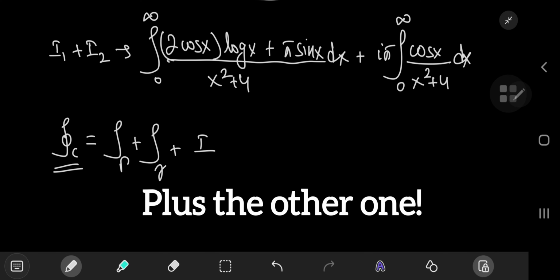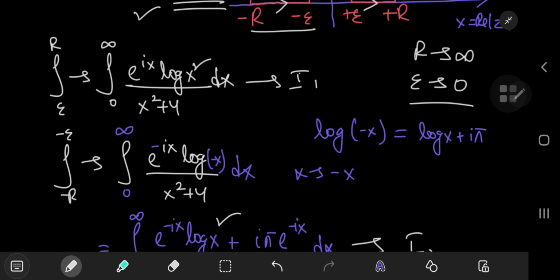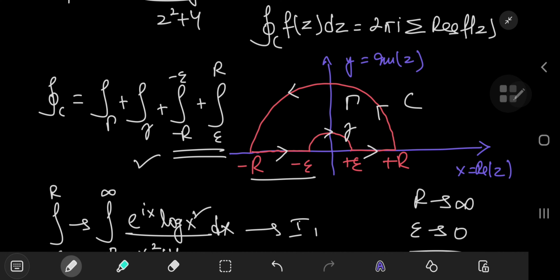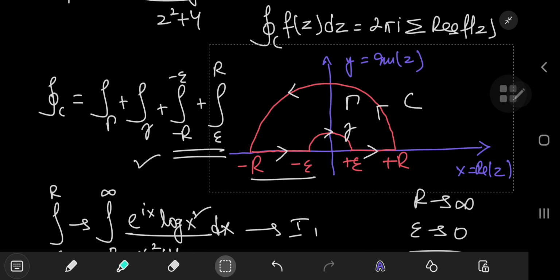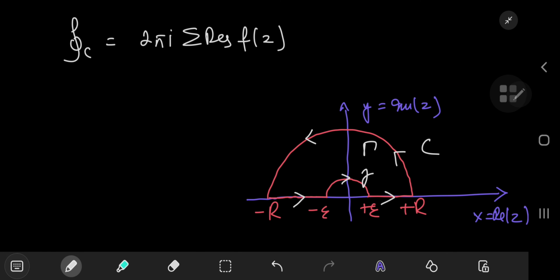And what about the integral over the closed contour? Well, the integral over C equals 2 pi i times the sum of the residues of f of z enclosed by our contour. So let's just refer back to our contour, and I'm just going to copy and paste all of this stuff down. Okay, much better.